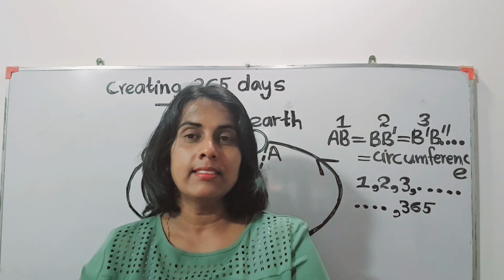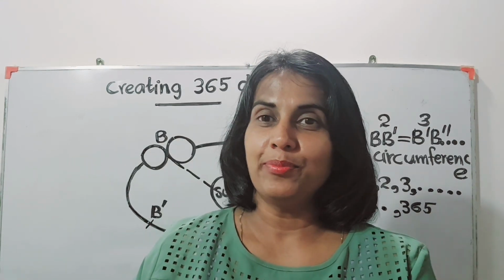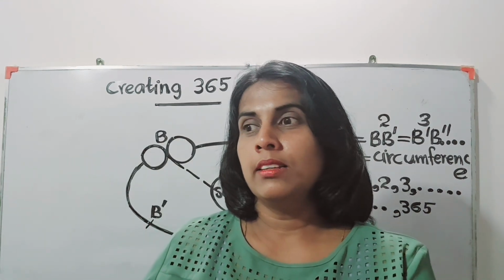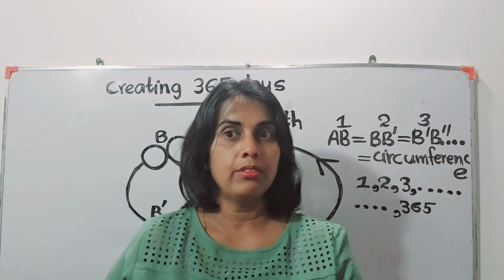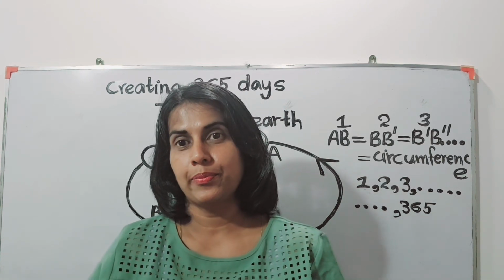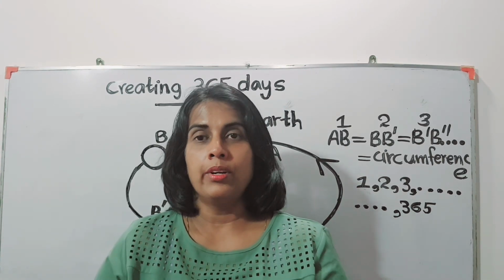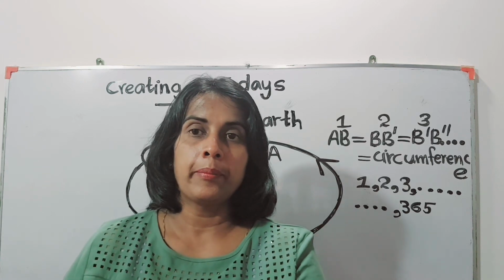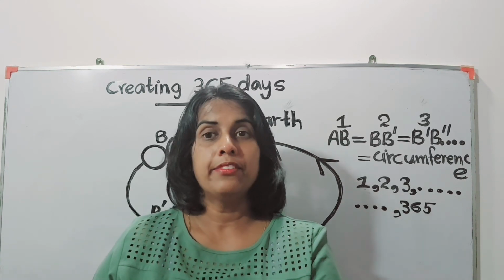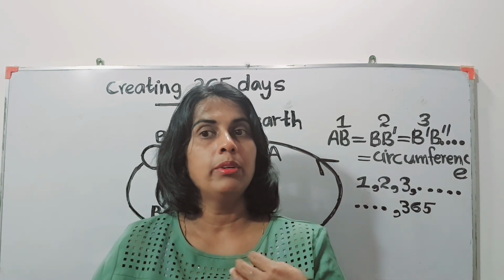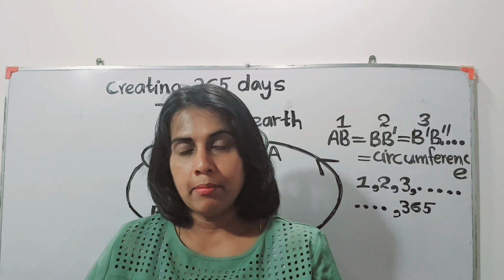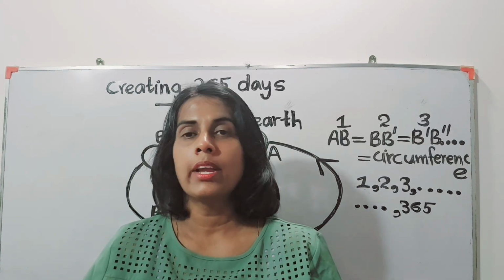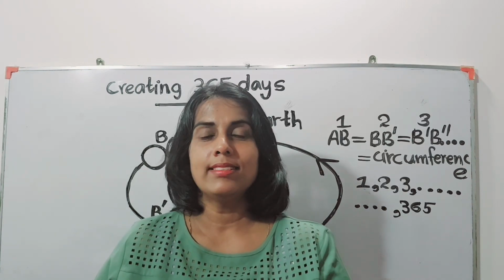Only from the things that you observe daily, we can figure out the ultimate truth. We can understand the truth. An ordinary person, without any scientific or mathematical background, can also figure this out easily.